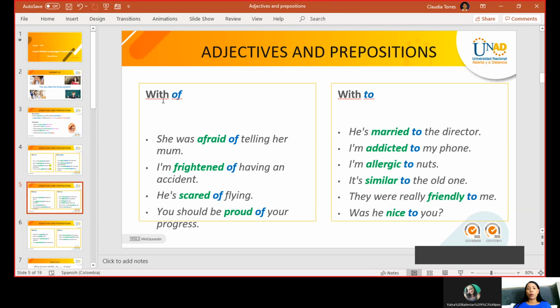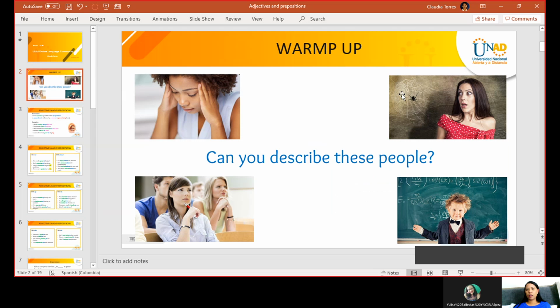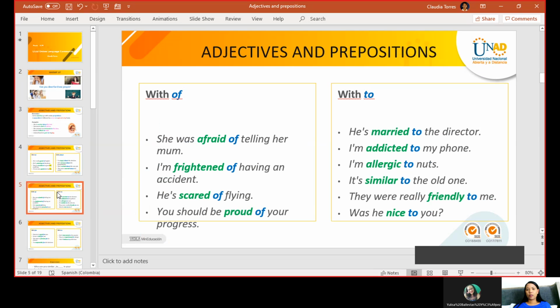Here we have with of. So she was afraid of telling her mom. So she was afraid of, like this woman here. Afraid of. Or I'm frightened of having an accident.